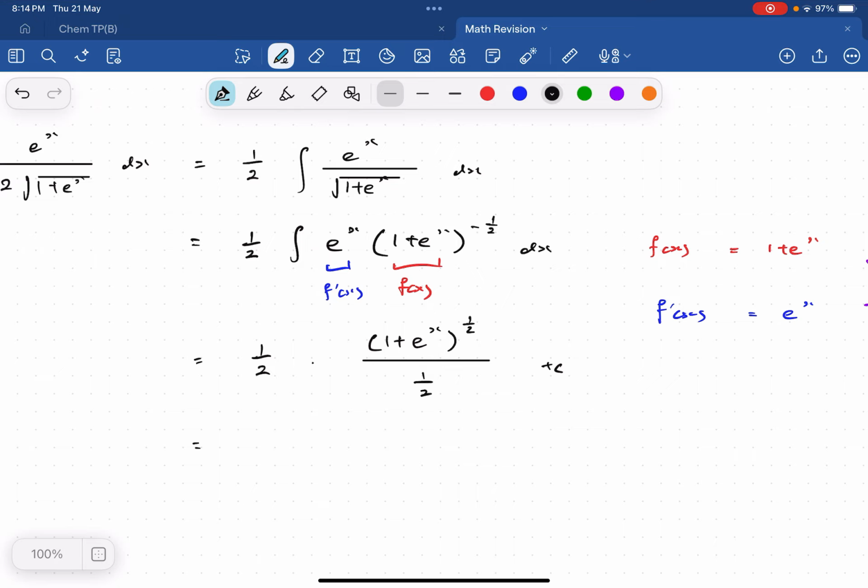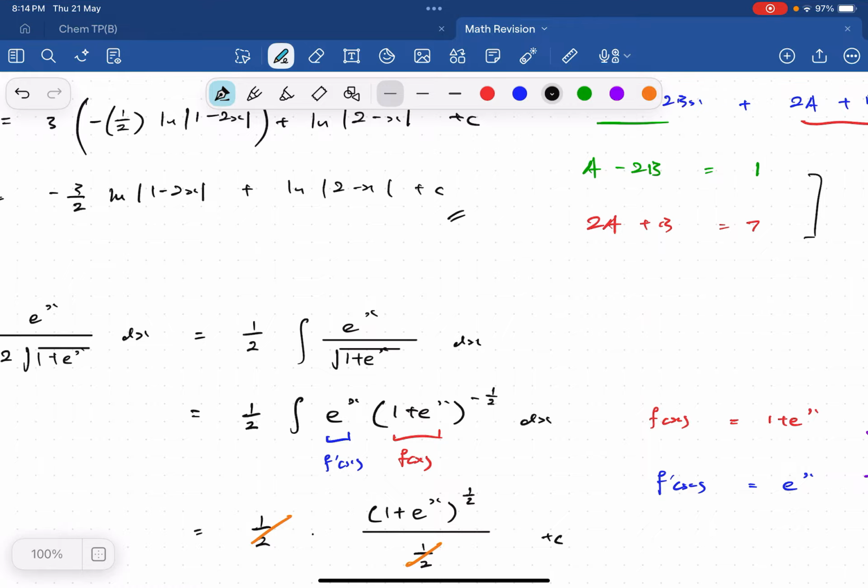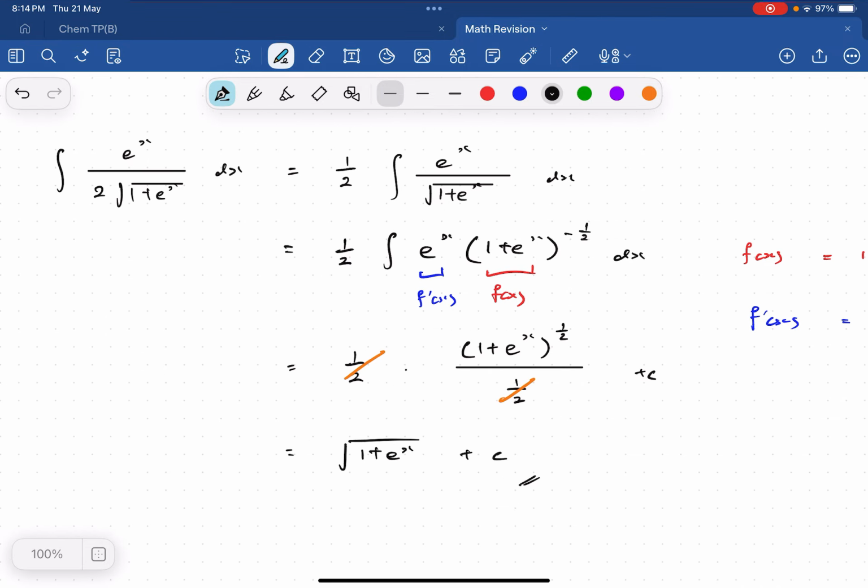So obviously this half and this half are going to cancel. So I will simply get, and it's up to you if you want to leave it as a power half, but I personally prefer to tidy things up as far as possible and write a root, plus c. That is it for these two integrals.